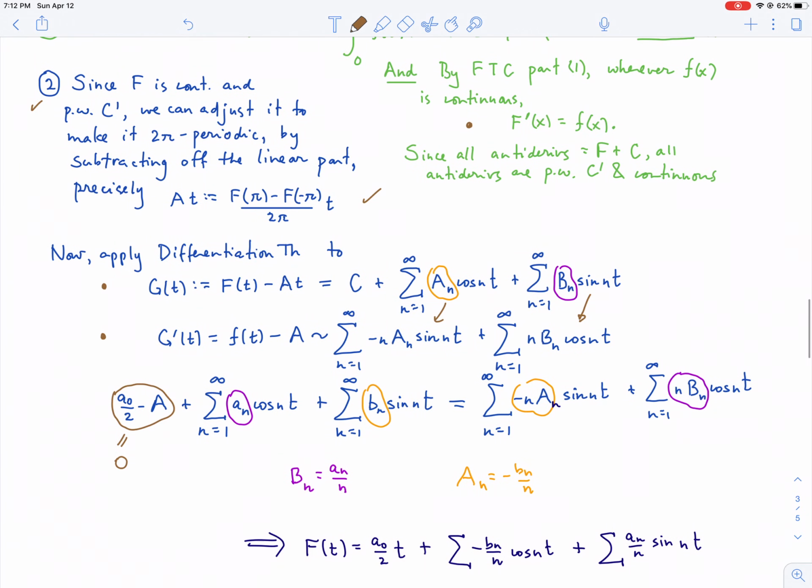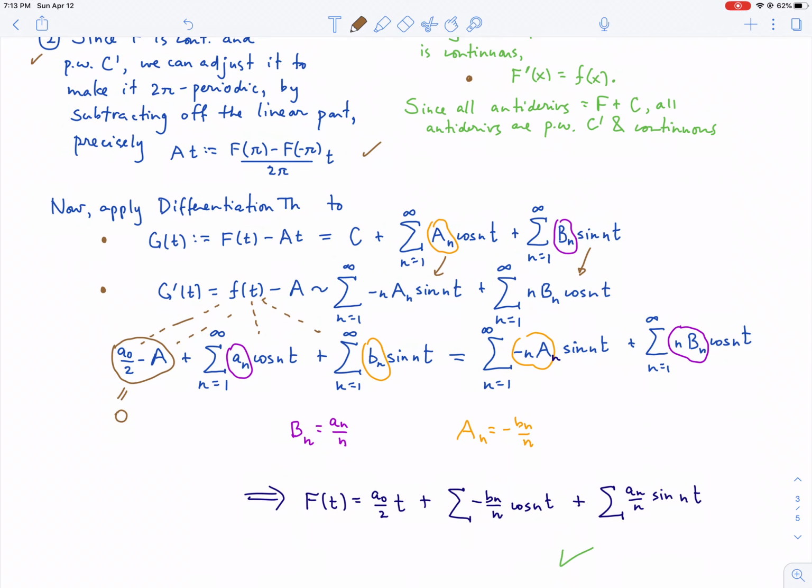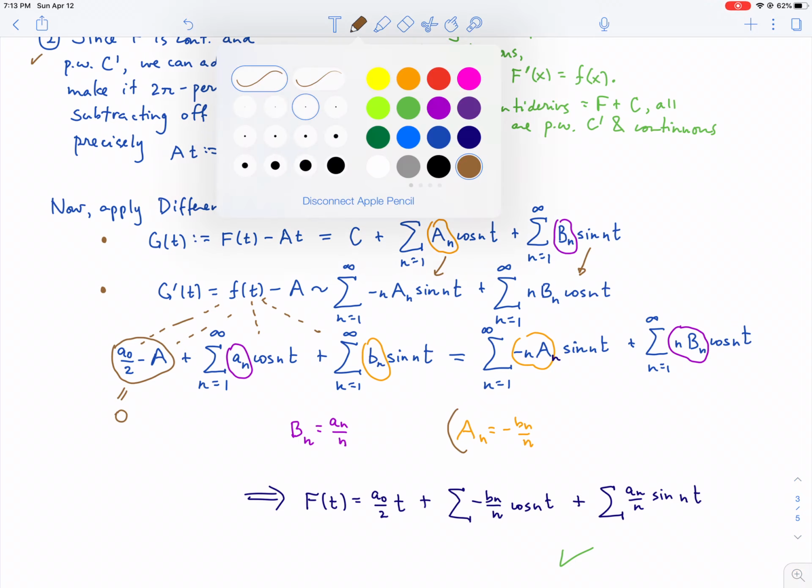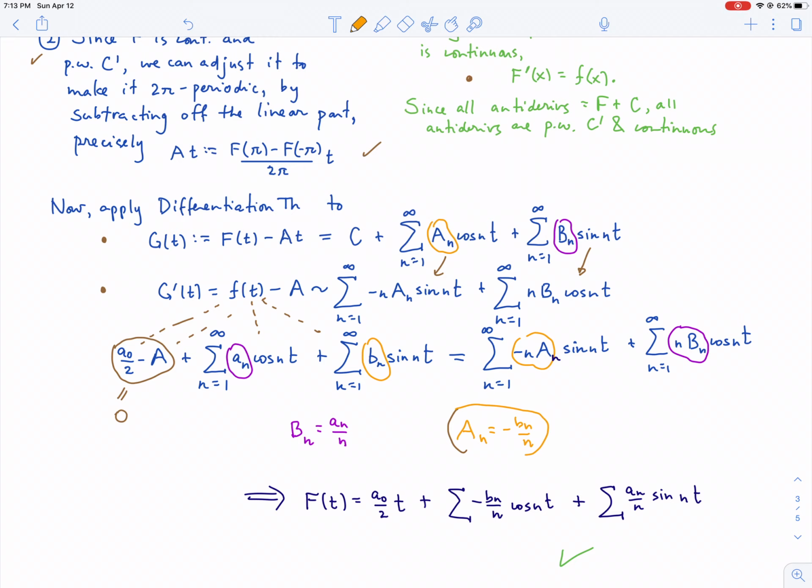Okay, and so let's look at what we've got here. So little f of t minus capital A, well, little f of t has the a naught over 2, and it has the sinusoidal part of the Fourier series, and then I've subtracted capital A. So what I have on the left here is a Fourier series expansion, and on the right I have an equal Fourier series expansion, and so by uniqueness of Fourier series, when I look at the sine nt terms, I get this equality.